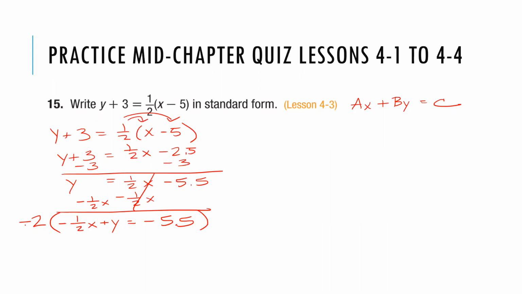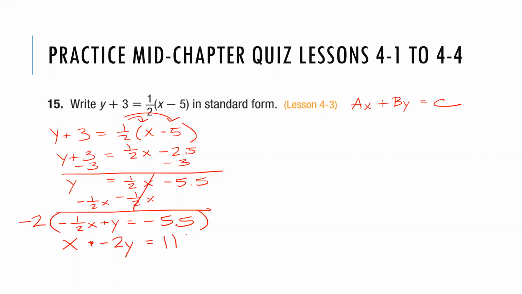So we're multiplying by -2, and we multiply that -2 by each term in the equation. -2 times -1/2 would be positive 1x, plus -2 times y is -2y, equals negative times negative is going to be positive, and 5.5 times 2 is 11.